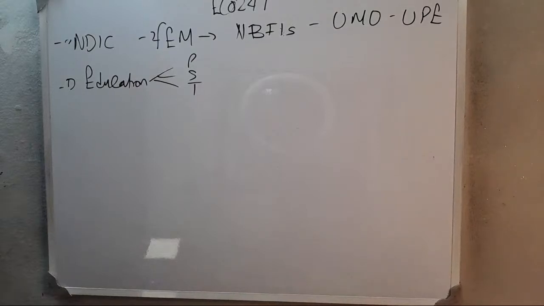Now, the primary education is said to be the first component of basic education, the other component being junior secondary. The primary, secondary, and the tertiary.